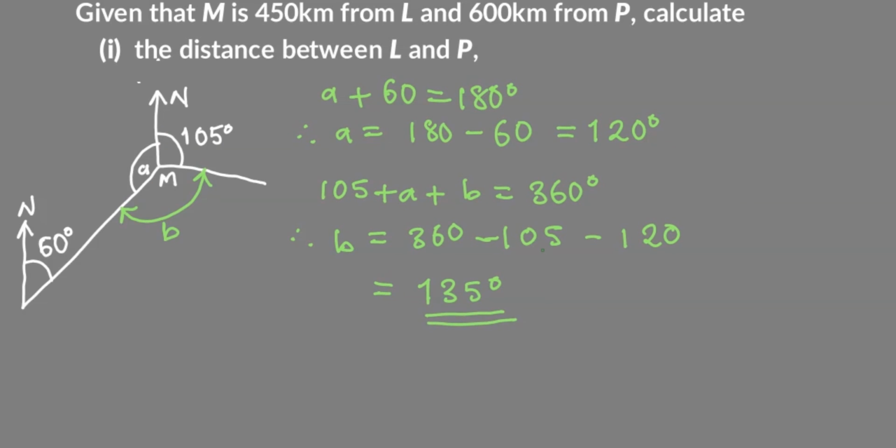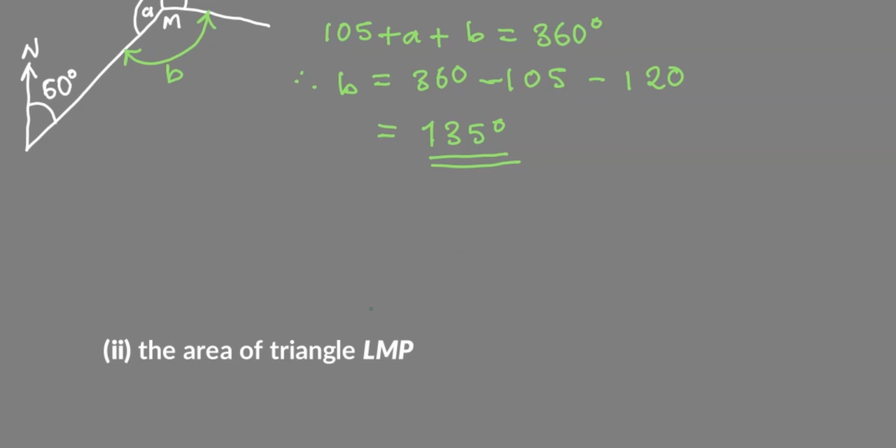Now, since we have the value of the angle at M, or the B that we were calculating just now, we can easily find the length of the side LP, or as they've termed it, the distance between L and P. To find that distance, we're going to use the cosine rule.